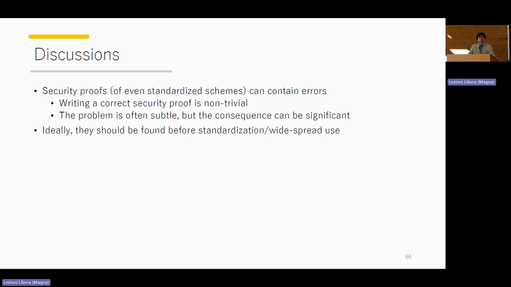I've been working on provable security for some time, so I'd like to share some of my thoughts on this. Security proofs of even standardized schemes can contain errors. Writing a correct security proof is non-trivial. The problem in the proof is often subtle, but the consequence can be significant. And ideally, they should be found before standardization or widespread use.